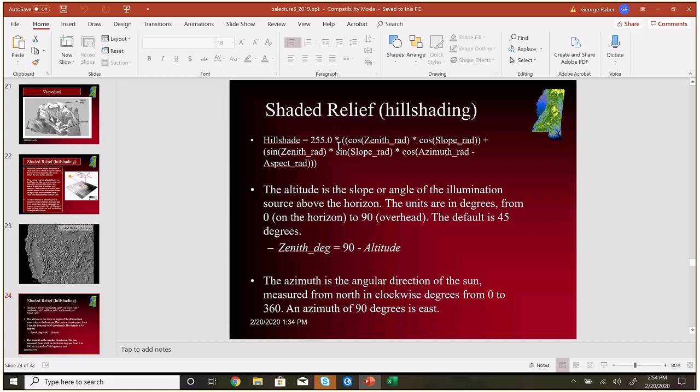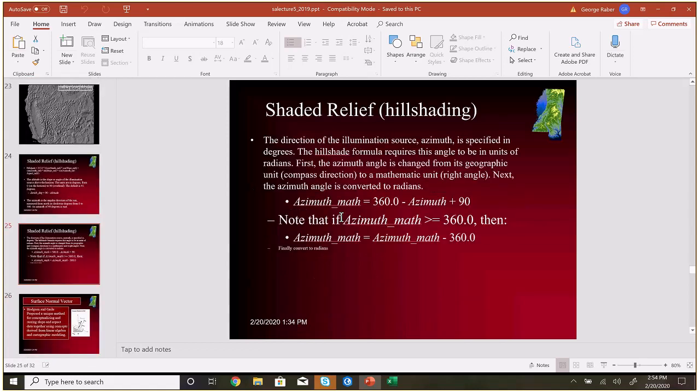It does suffer from the same problems, in that it is illuminating the surface as if it's twice the resolution of the original surface, because it's using slope and aspect as the major inputs. This is the formula that goes into hillshading. You don't have to calculate that for the test or anything.